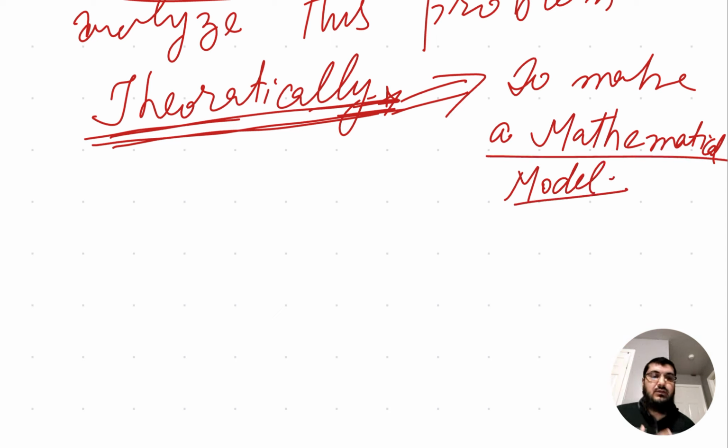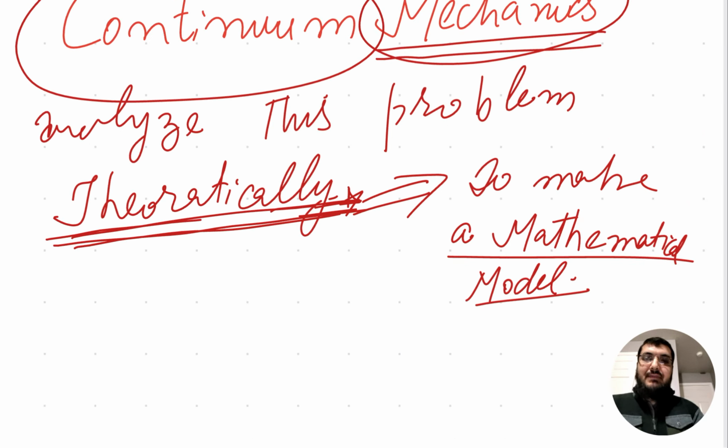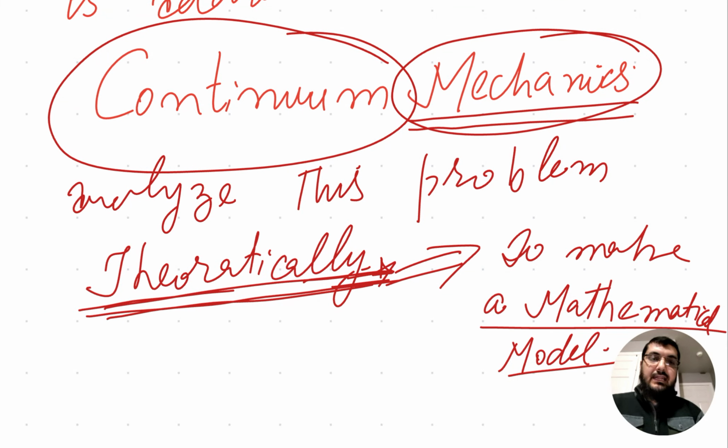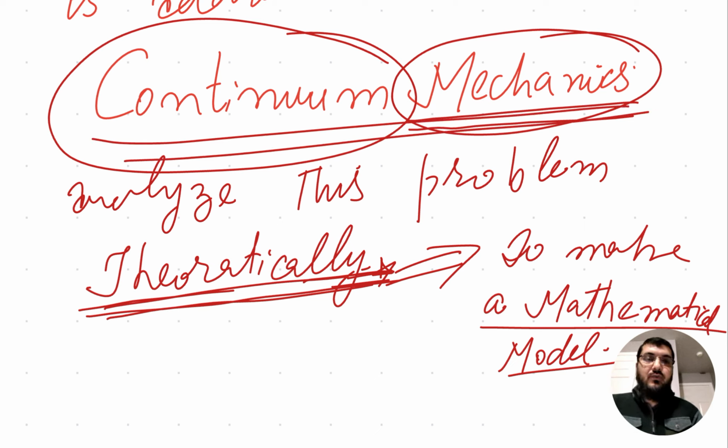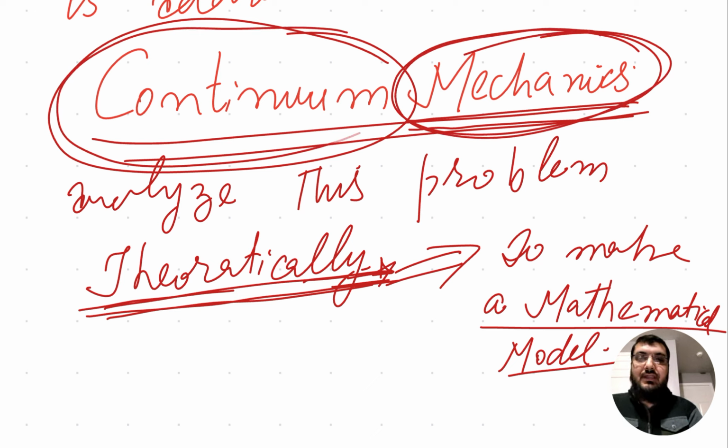Mathematical model means to predict the behavior of a material. To make a mathematical model or to conduct analytical or theoretical analysis of a material which undergoes deformation by the application of loading will be addressed under continuum mechanics. How can we address it? We will apply all concepts of mechanics over a continuum body. This is called continuum mechanics.